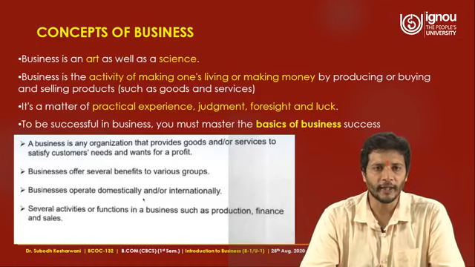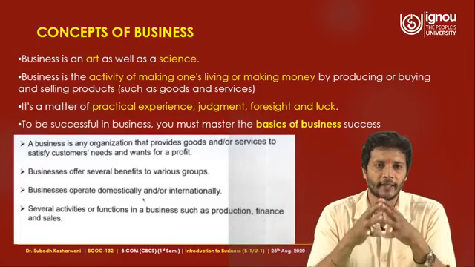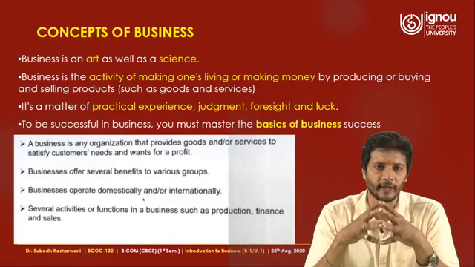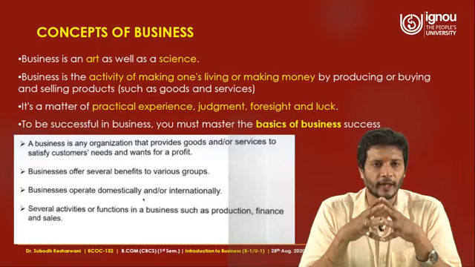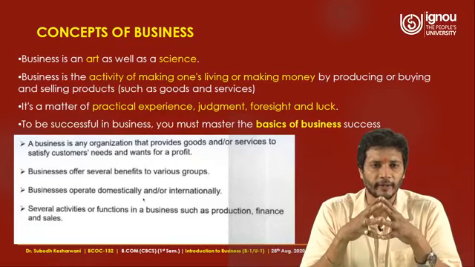To be successful in business, you must master the basics of business success, because, as I have told, to get success in business we have to see the genesis behind getting success, because business is any organization that provides goods or services to satisfy customers' needs and wants for a profit.